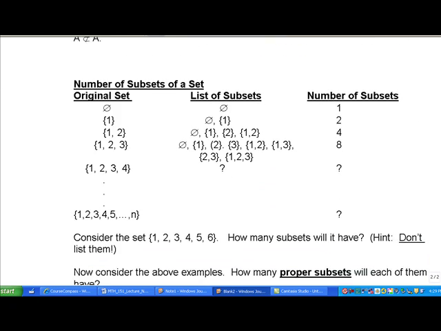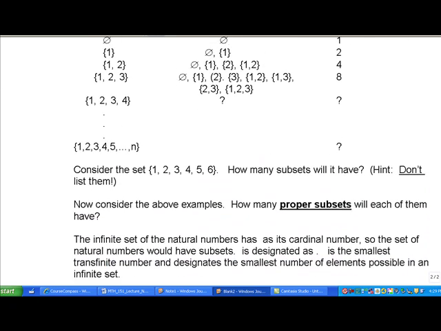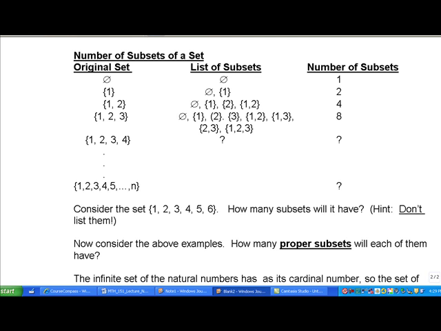Okay, now the last thing we want to talk about is the number of subsets. I'm going to create original sets that contain a given number of elements. I started with an original set that contained no elements, so that's the empty set.